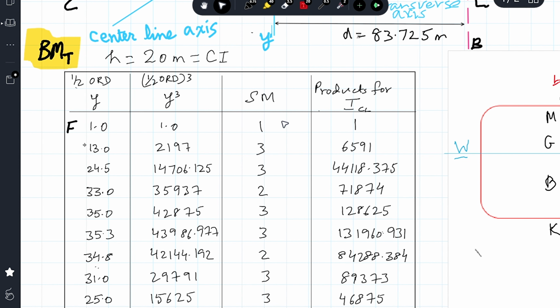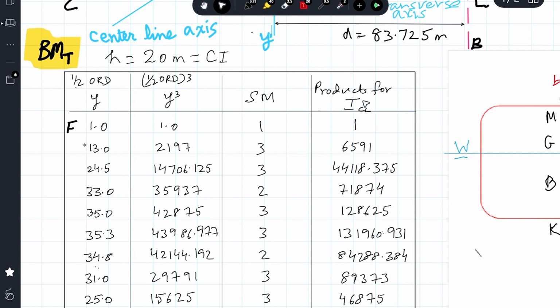So for Simpson's multiplier, for rule 2 it is 1, 3, 3, 2, 3, 3, 2, 3, 3, 1. So y cube is multiplied with the Simpson's multiplier, and I get the moment of inertia function products. For moment of inertia, the symbol we use is I, and I with small subscript CL means about center line.